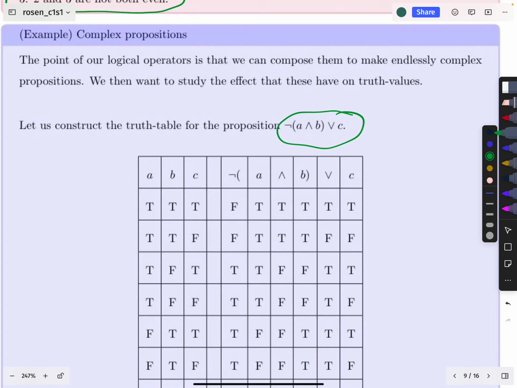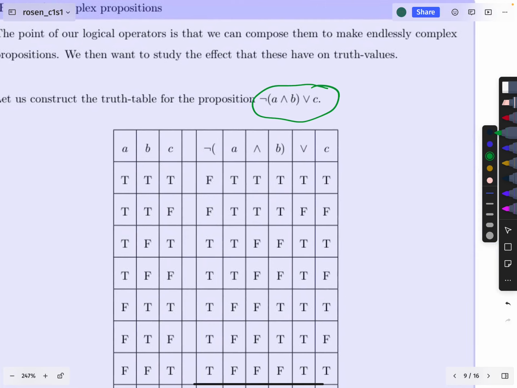Now, we have seen that if you have a proposition that has only a single propositional variable, you only need 2 rows. If you have 2 propositional variables, then you need 4 rows, and if you have 3 propositional variables, you need 8 rows. Every time you get a new propositional variable, you need to double the number of rows.